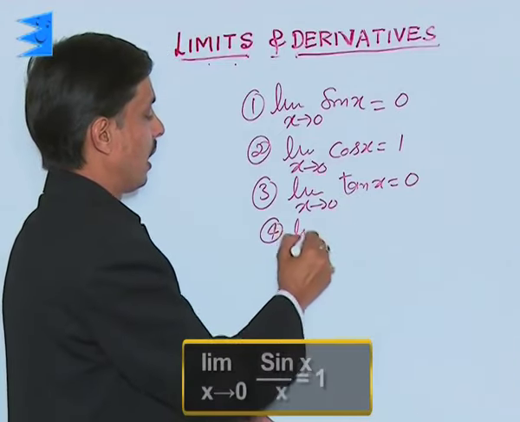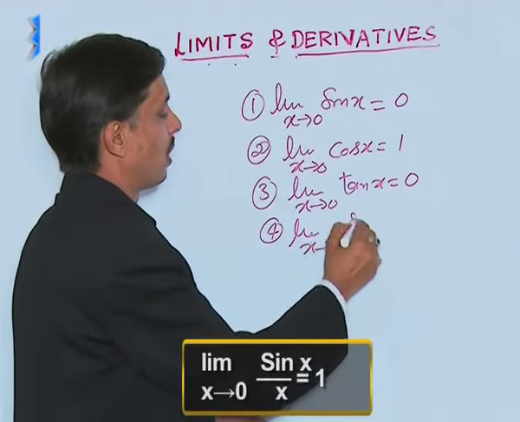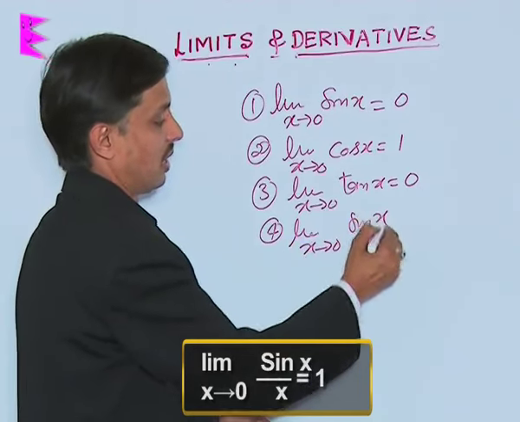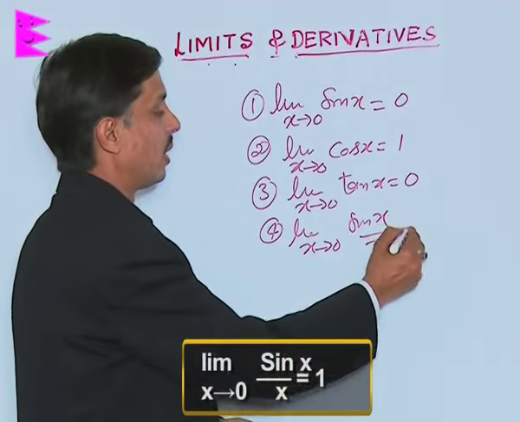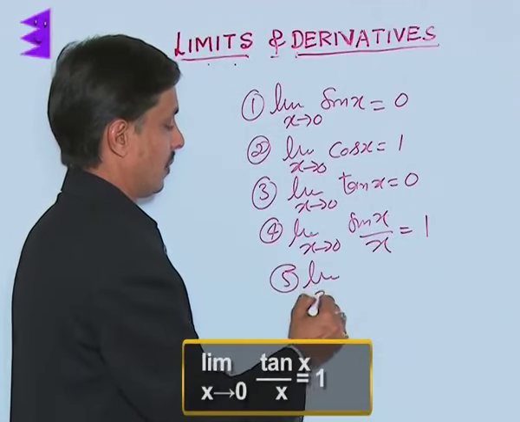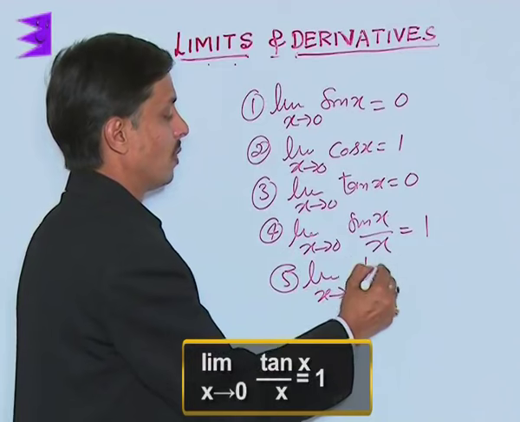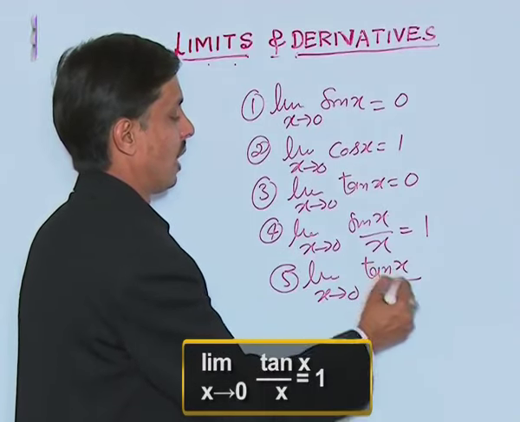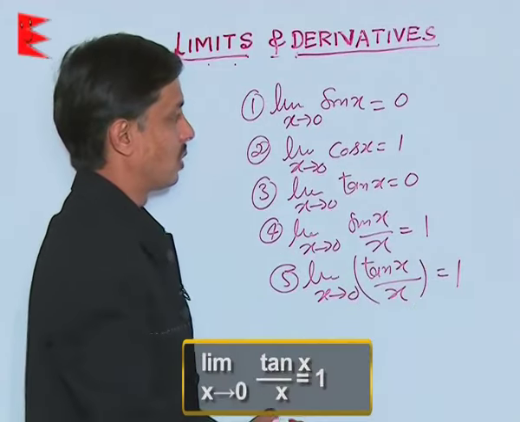The limit as x tends to 0 of sin x upon x, where the angles are in radians, is 1. Then the limit as x tends to 0 of tan x upon x is also 1.